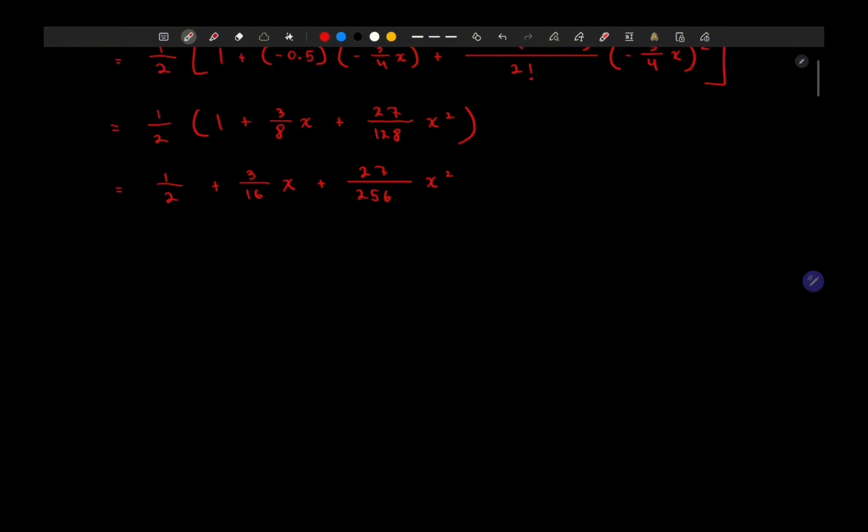Then we can write the second term as half plus 3 over 16x plus 27 over 256 x squared.